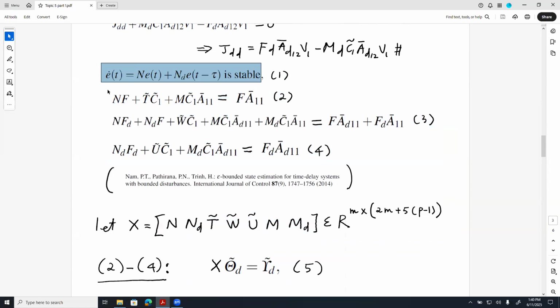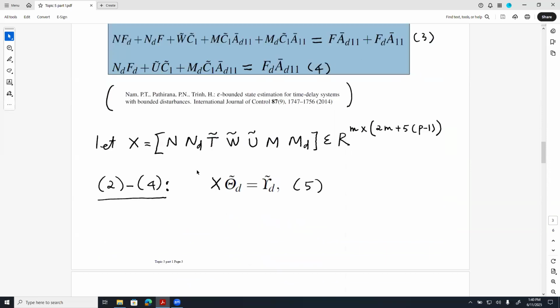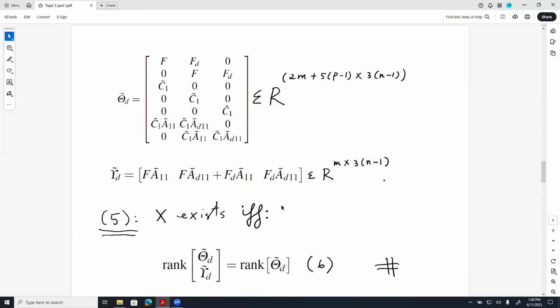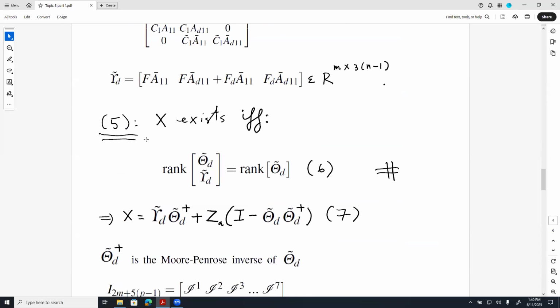And to solve for these matrix equations, they involve n and nd and so on. So we stack them into this form, and then we say, look, the if and only if condition is here, and if it's satisfied, then we get the generalized solution.